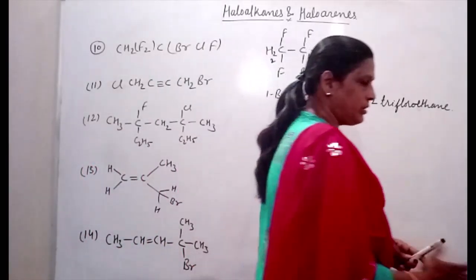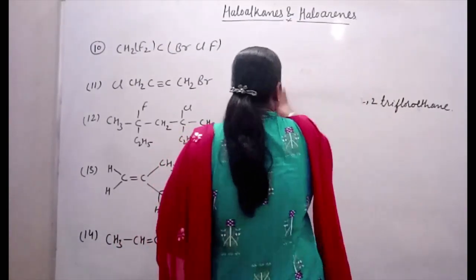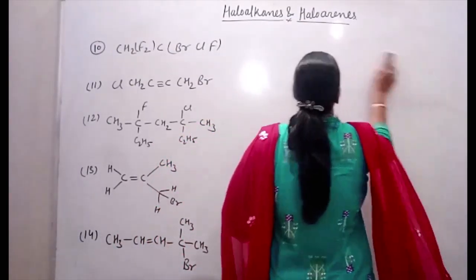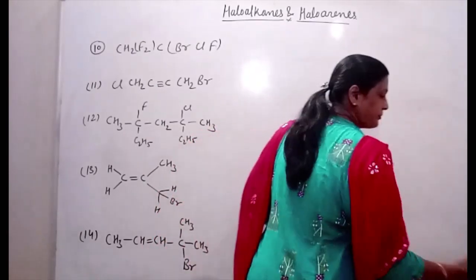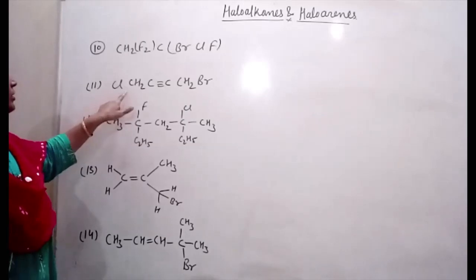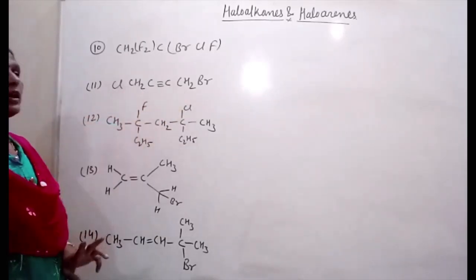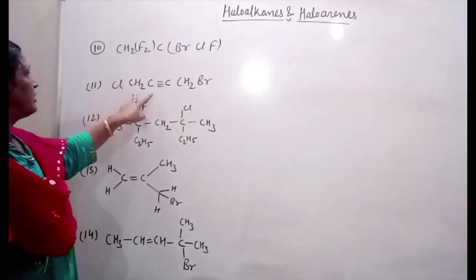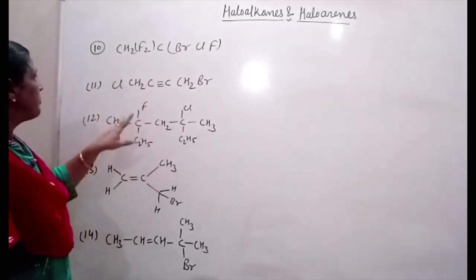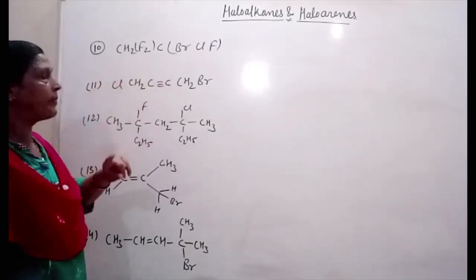Now move on to the second example. Here you can see 1, 2, 3, 4: 4 carbon atoms in the parent chain. But from where will you do the numbering?